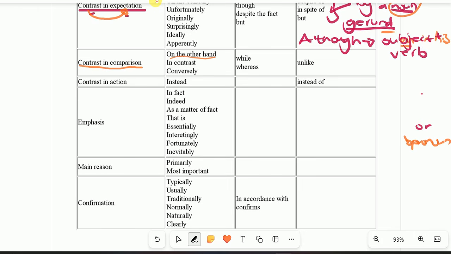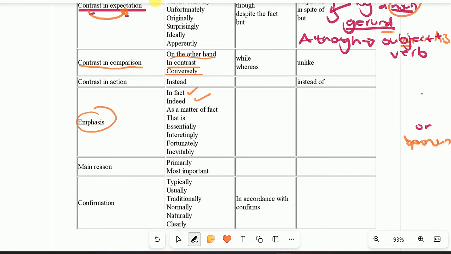Or in contrast, that's where you want to show a difference, and then conversely, again, you want to show difference. And then contrast in action, where you want to show emphasis, you can use phrases, if not words, such as in fact, indeed, as a matter of fact, that is, essentially, interestingly, fortunately, and inevitably.